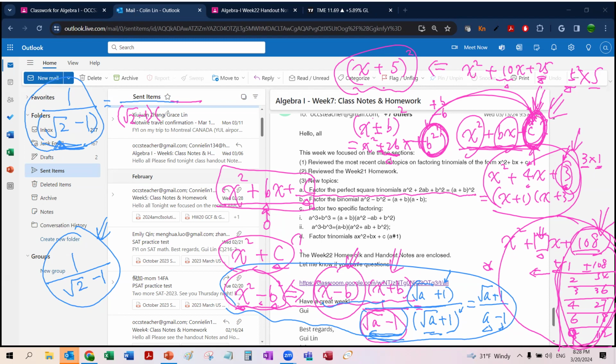So you can see this part. This one is square root 2 over 1, right? And we multiply by another number. You can see that this is 1 divided by square root 2 minus 1. We try to make this denominator rationalized.